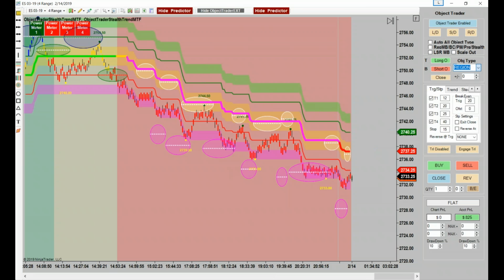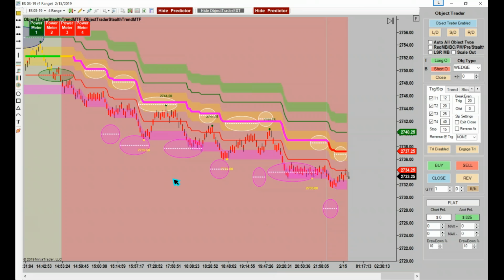Let's try it. Let's draw it. No, not like that. I think we just missed it. Yeah, we missed it. So I'll go ahead and wait. See if we can get a trend line of any kind.